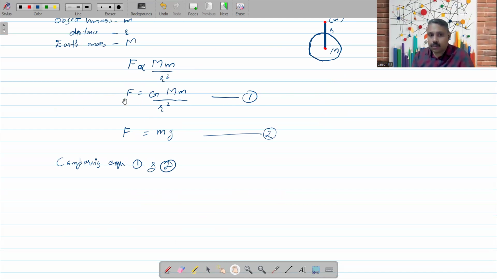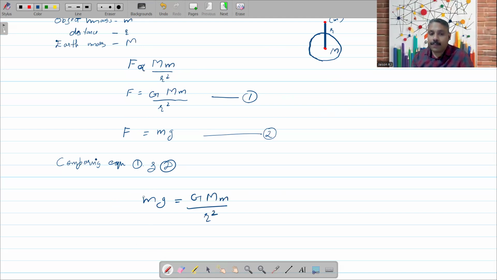This is the force between two objects, and this is the force experienced on the body. So both are force, and we can equate these two equations. So what will come? mg is equal to G M m divided by r square.